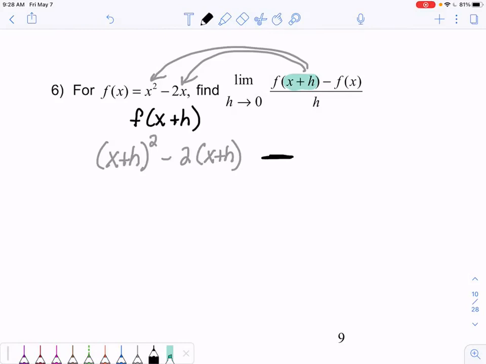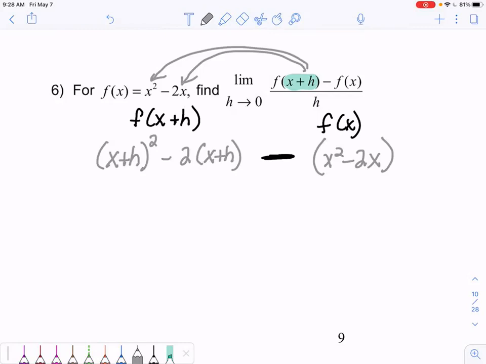And then it says subtract f of x. Well, whatever represents f of x, you have to subtract all of that. Well, f of x is x squared minus 2x. So we're subtracting that whole quantity, and make sure you're subtracting the entire quantity, not just the first term. So again, here's f of x plus h.